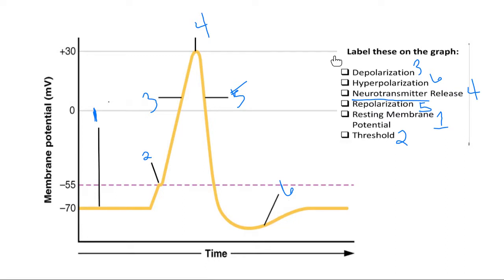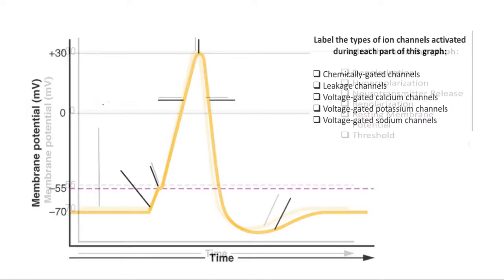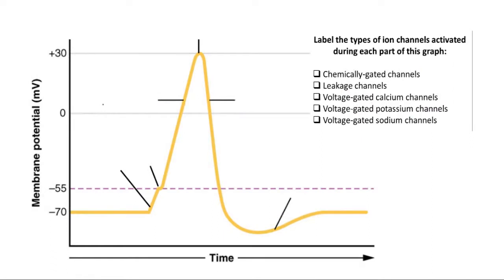Now that we've given them their names, now we should pair that information with the kinds of channels that are involved. When I'm talking about this part of my graph right here, this is the part of the graph, remember, where I'm doing summation. This is the part of the graph where I'm doing those EPSPs and those IPSPs.